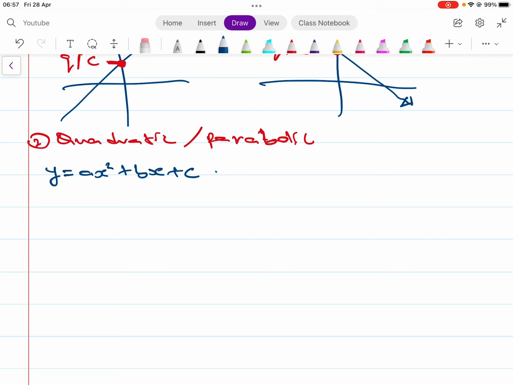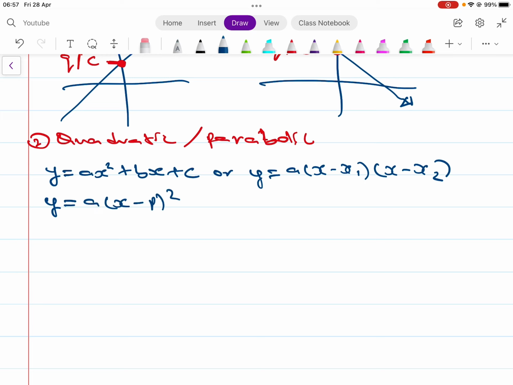You also have the equation y equals a into (x minus x1)(x minus x2), and lastly you have the equation y equals a into (x minus p) all squared plus q. Some write this with a plus here, so don't worry too much about that.